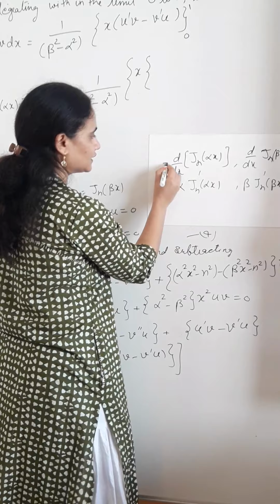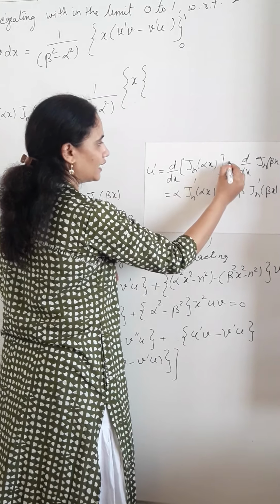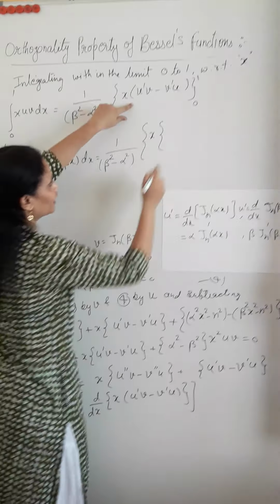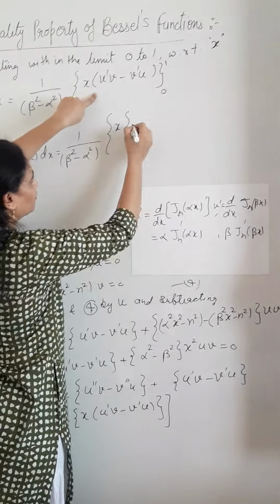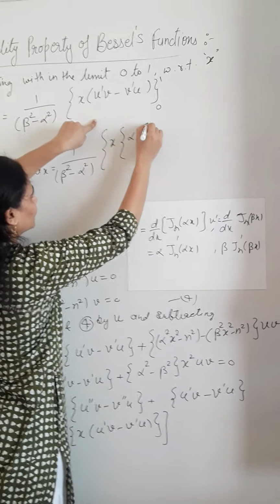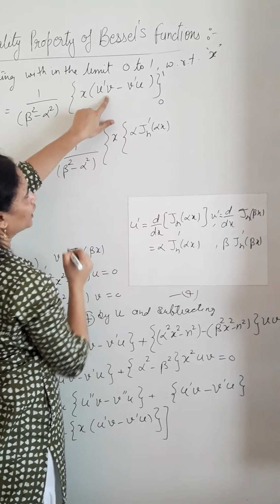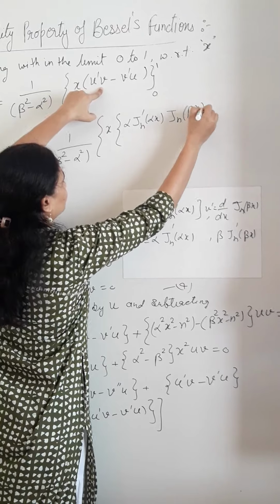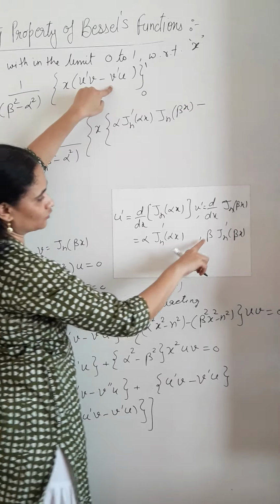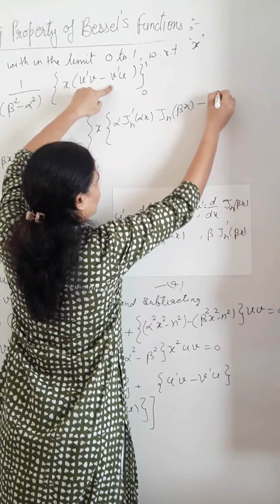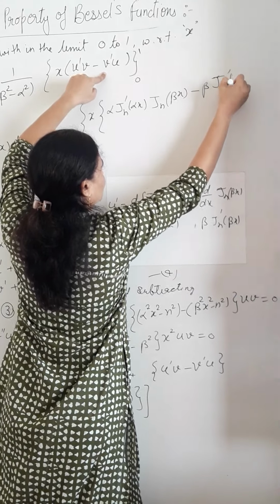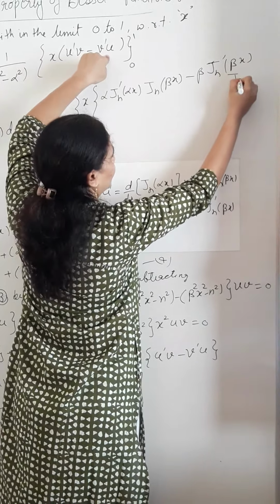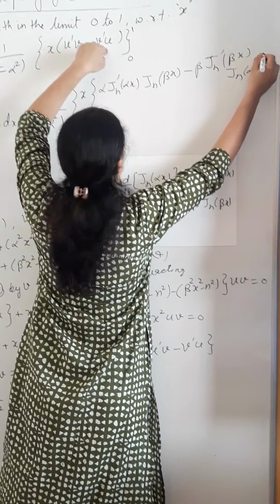Now what is this? This is u dash and this is v dash. So let's substitute these values here. u dash is alpha J n dash alpha x into v, that is J n beta x, minus v dash. v dash is beta J n dash beta x into u, that is J n alpha x.